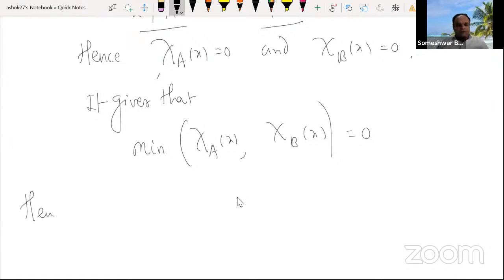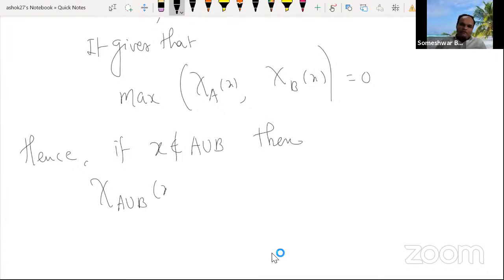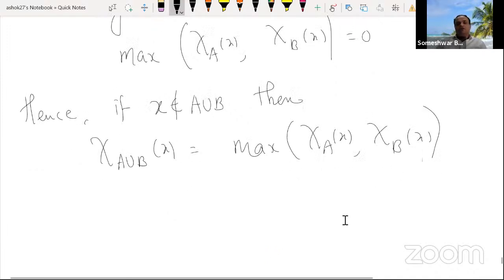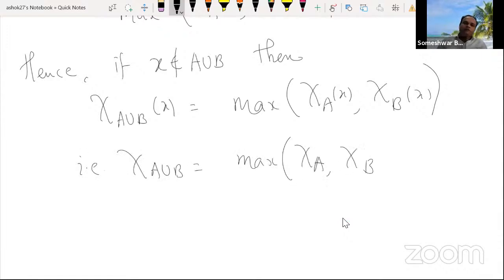Hence if X does not belong to A union B, chi of A union B of X will be equal to the maximum of chi of A of X and chi of B of X. And hence proof.